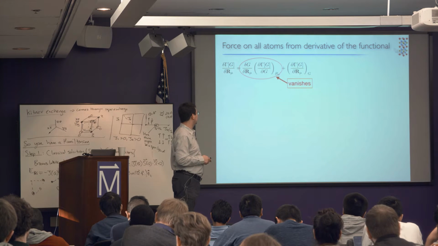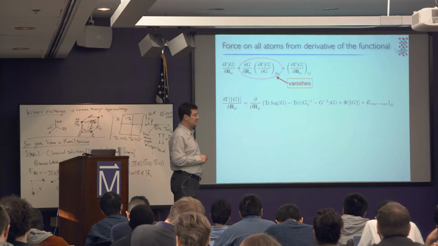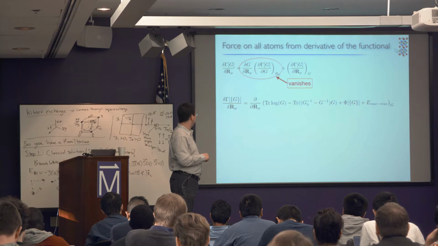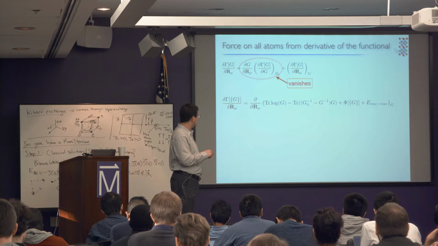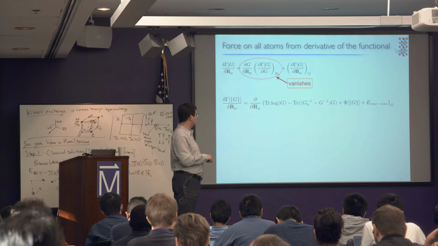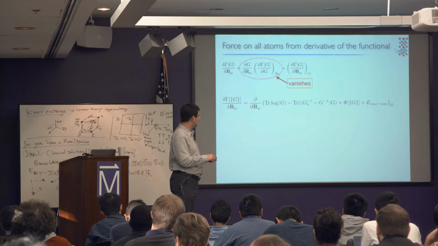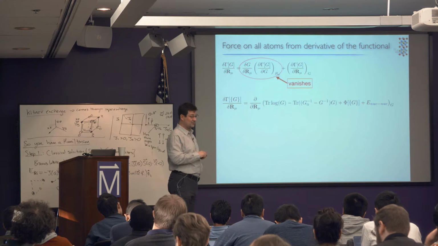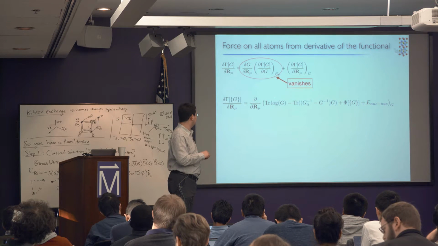Well, if it vanishes, then we have a very simple life. All we need to calculate is the derivative of gamma at constant G with respect to R. And then you look at the functional here: which part depends on R when you have constant G? Well, this one doesn't, this one doesn't.